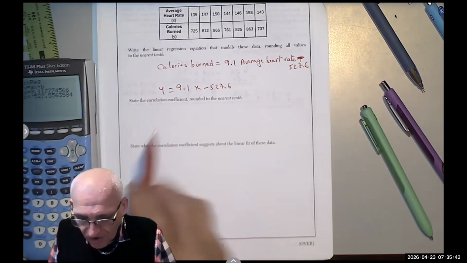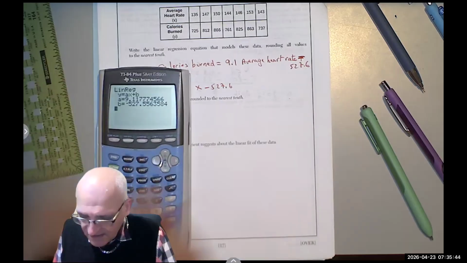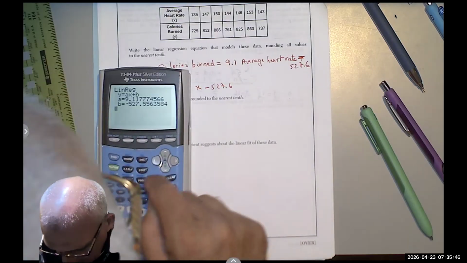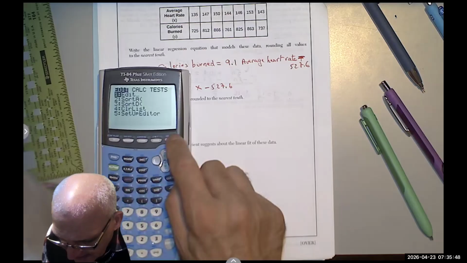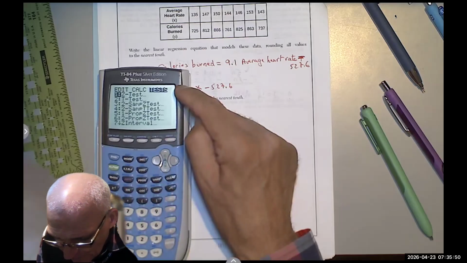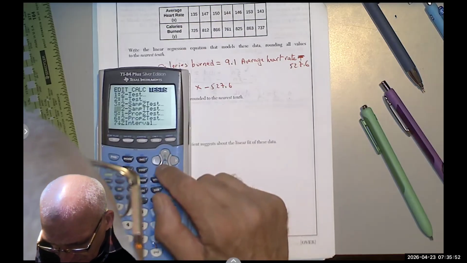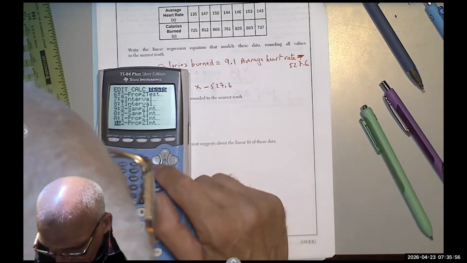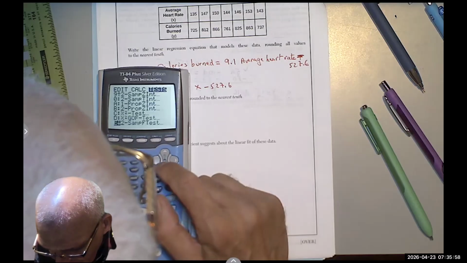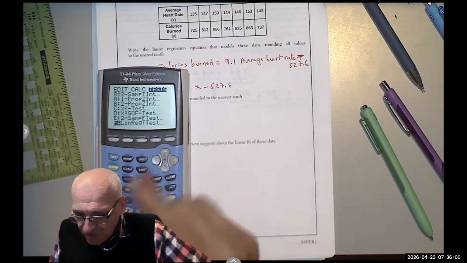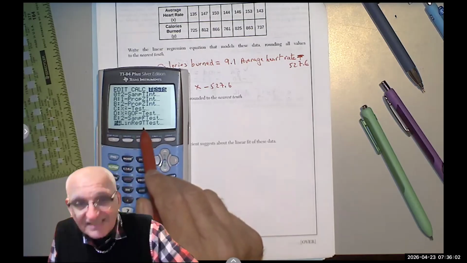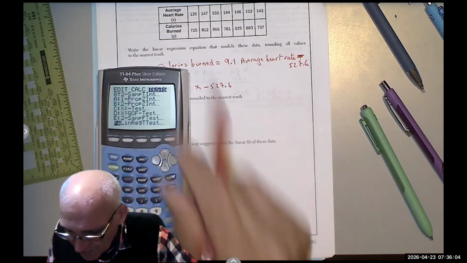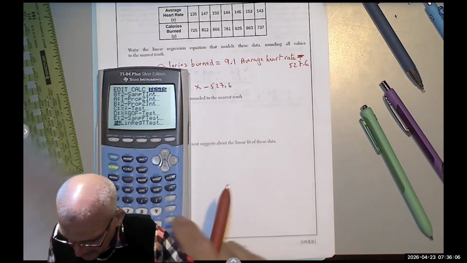State the correlation coefficient. If it doesn't show you here, you can always go to stat and take the test. You can do the linear regression t-test. Don't worry about the word t, you'll learn about it later.